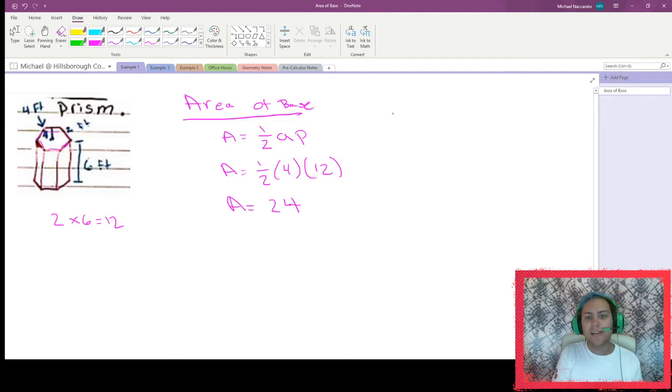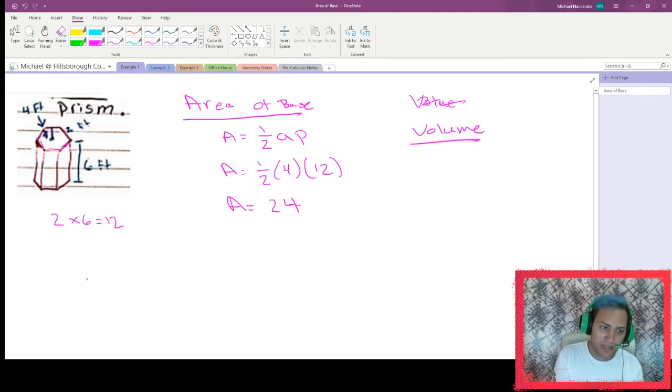Now we can come over and do the volume side, which is super easy once you know that. We see the height of the prism. Be mindful that the height of the prism doesn't always go straight up and down.